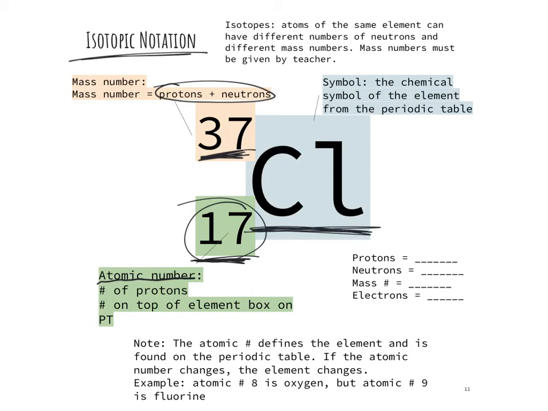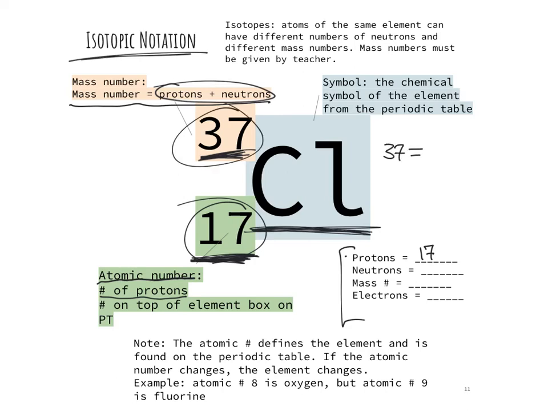So what we need to figure out from the isotopic notation is how many protons, neutrons, and electrons this atom has, and its mass number. So since it's chlorine, it's got an atomic number of 17, and that is the number of protons. So if you're looking for protons, you always just use this bottom number right here, 17. Now neutrons is a bit trickier. So we've got mass number equals protons plus neutrons. We know the mass number is 37 because it's right there.